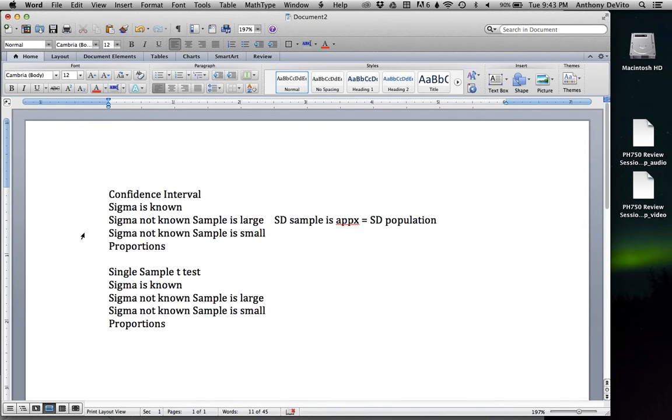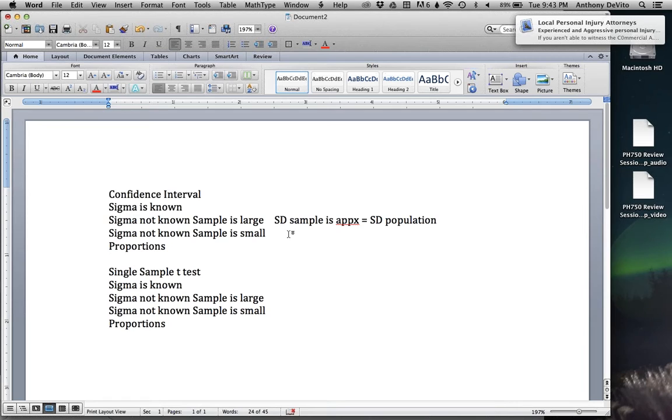The other situation is when we take a sample, we don't know the standard deviation of the population, and the sample is small. For our purposes, most of the time, we define small as 30 or fewer sample points or people or measurements. In that case, we can't reliably say that we know what the standard deviation of the population is.